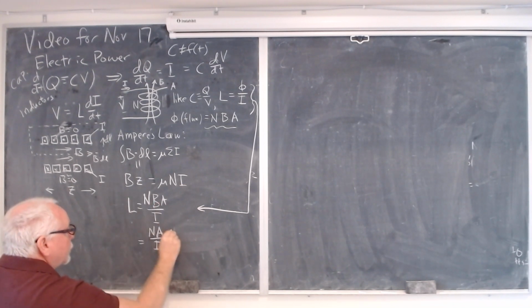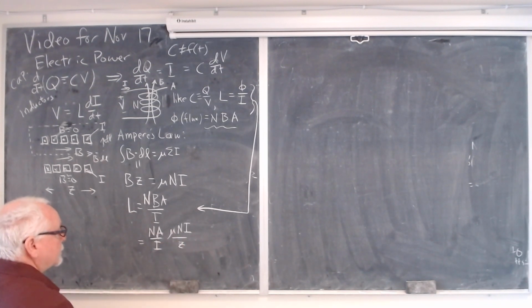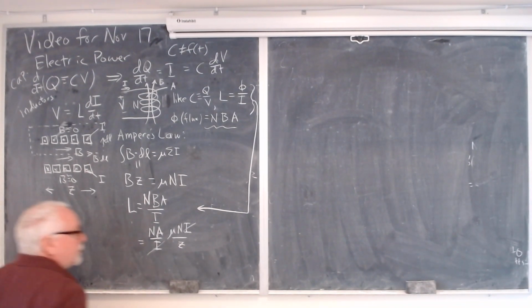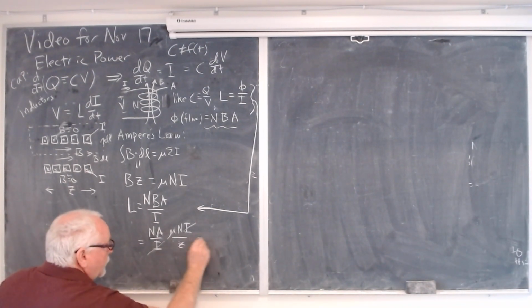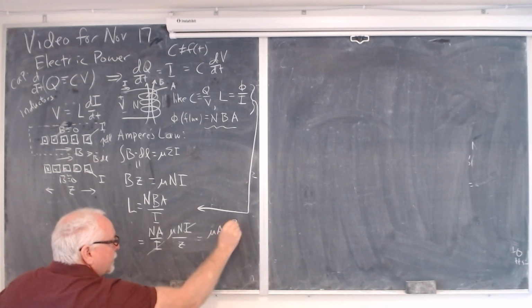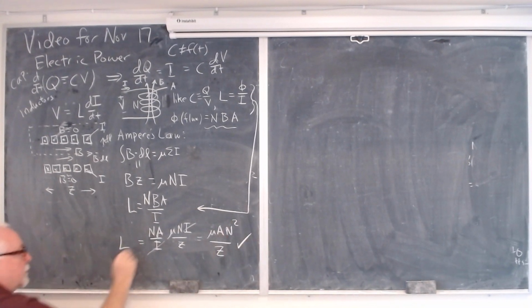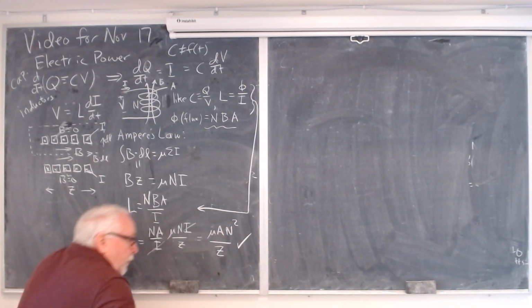Now B is mu N I over Z. So of course the I's cancel because L is independent of current. So it's equal to mu A N squared over Z. So that's the inductance of a coil.